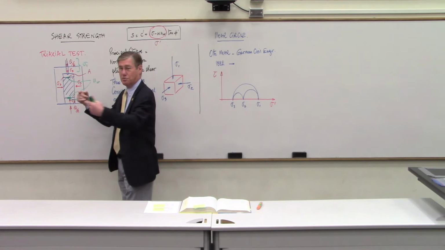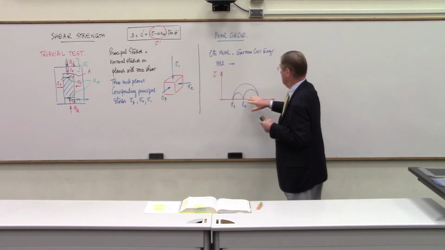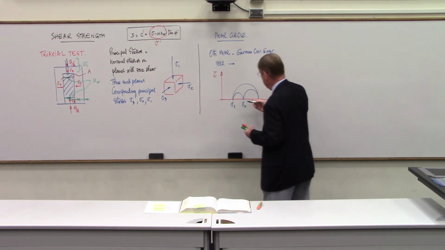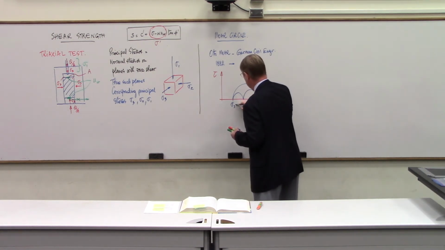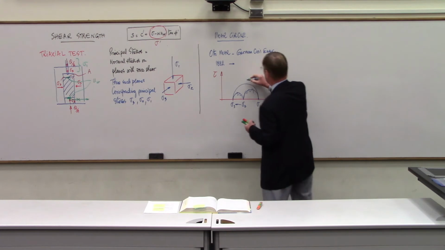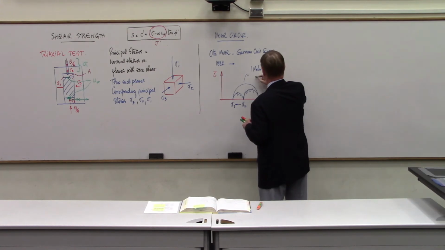We have sigma 3 this way, sigma 3 that way, and therefore, because sigma 2 goes to sigma 3, then these circles disappear, and we have one more circle for the triaxial test.